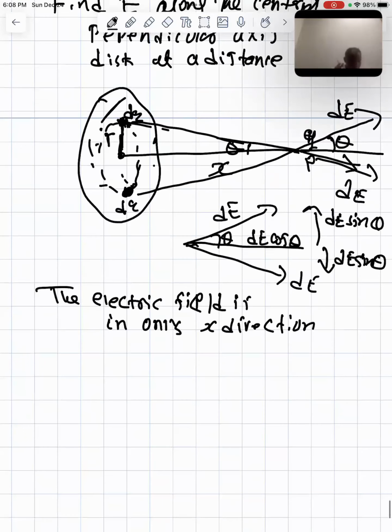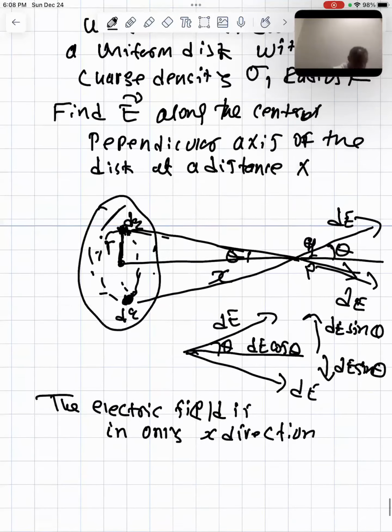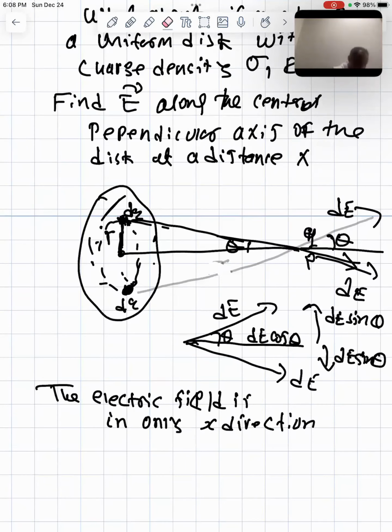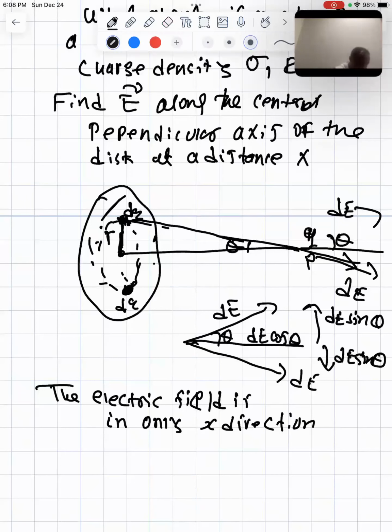But this problem is a little bit difficult again, because why? Now this is r, this is x. Guys, let me clean this. Okay, don't forget, this is x, and this is x squared plus r squared.